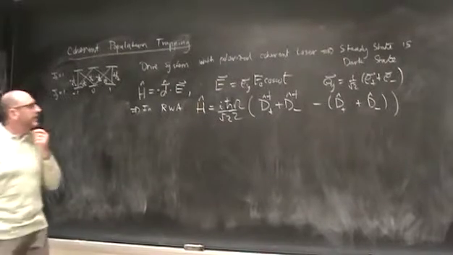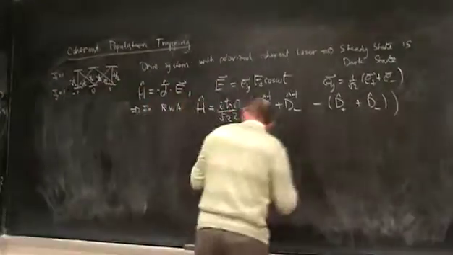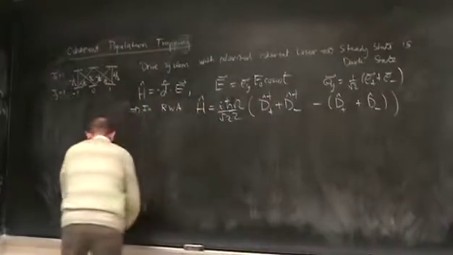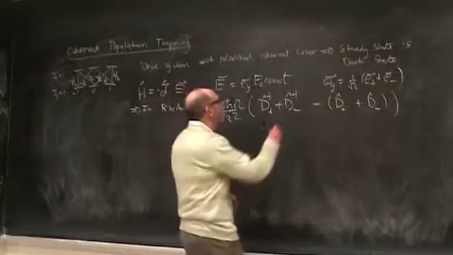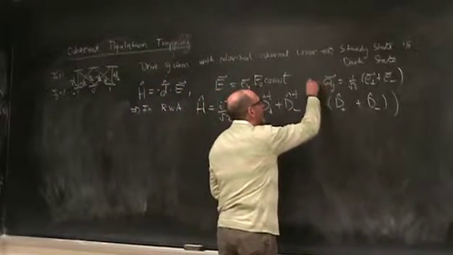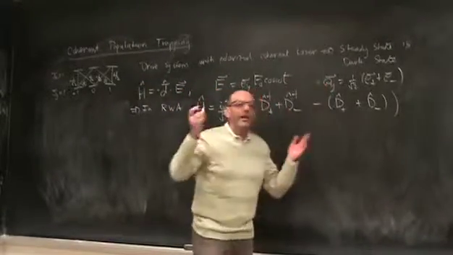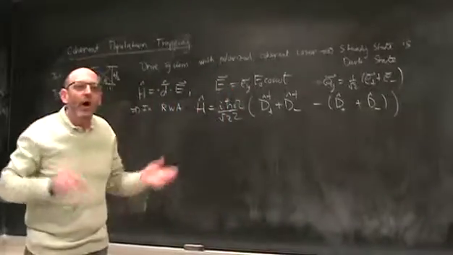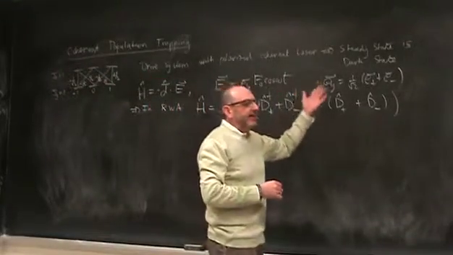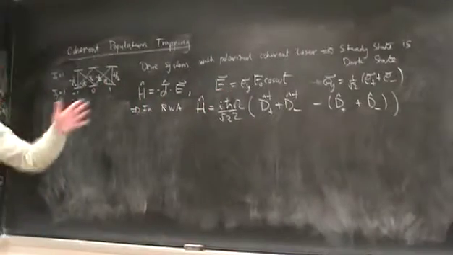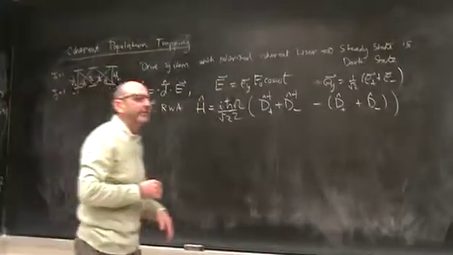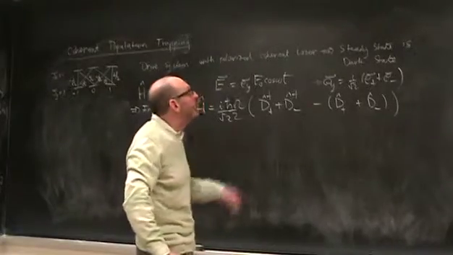So in particular, we're looking at an example, though we'll see in a moment how this generalizes, where my laser field is polarized along an axis that we're calling Y. We can call it whatever we want. I can call it Z, I can call it X, I can call it X plus Y over square root of 2. It's linear. I'll just call it the Y-axis for now. Okay, that's just a label.